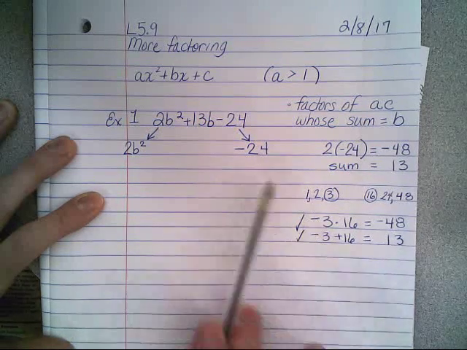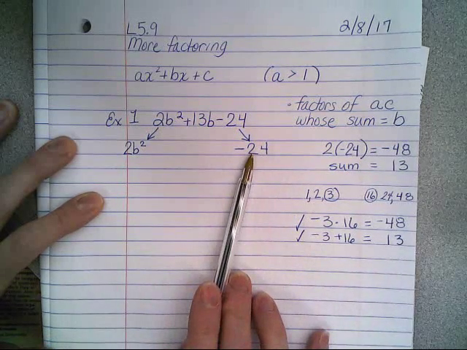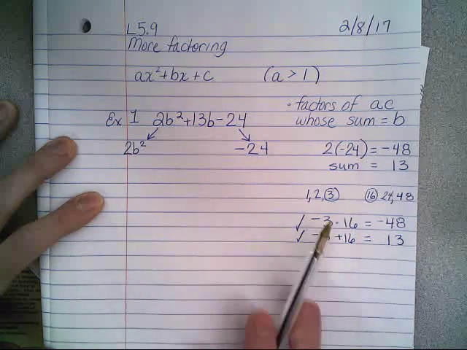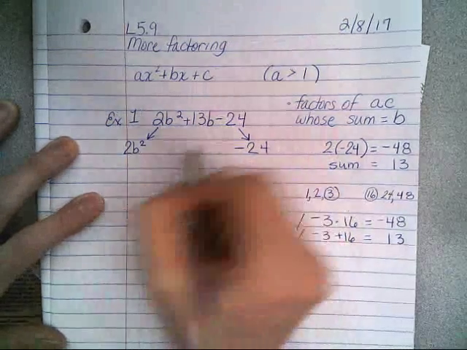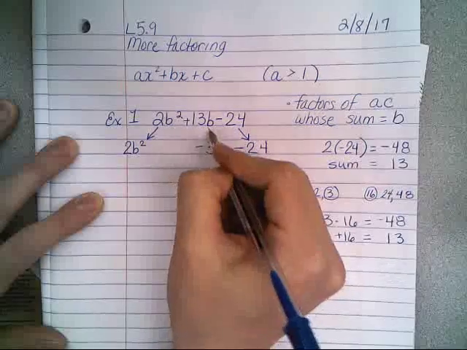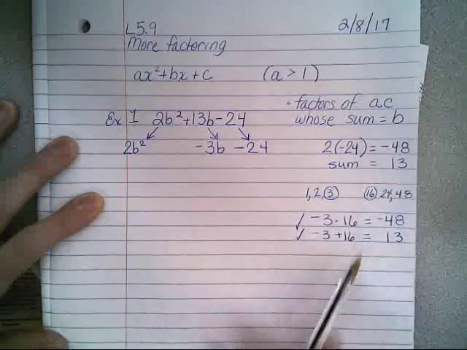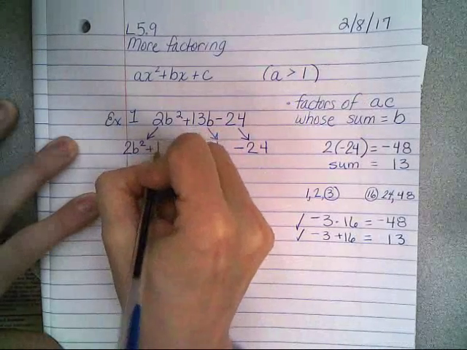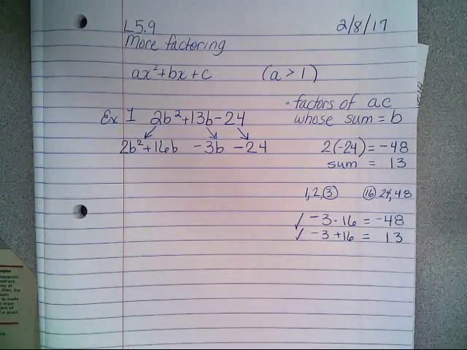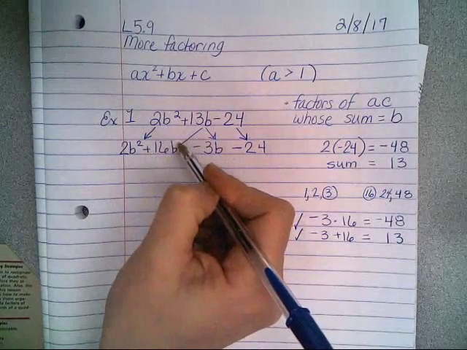The 3 will only really group with the 24, whereas the 16 can group with both. So we're going to put the 3 next to the 24. Also, always attach that variable. And the 16 next to the 2. Always attach the variable to those two middle pieces.